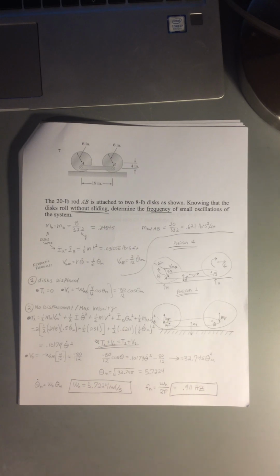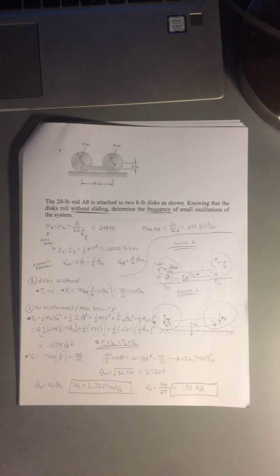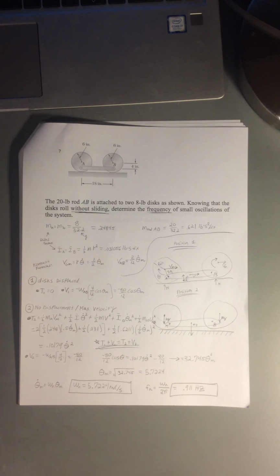Okay, so problem number 7 here is another problem that we want to use the equations for energy and work to be able to solve the problem. So in this problem here, we basically have two disks that are the same, and they're attached together using this rod here, rod AB.